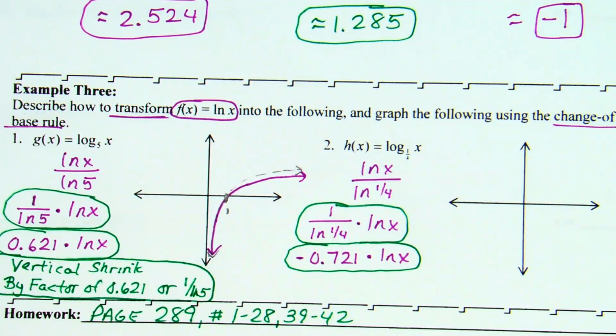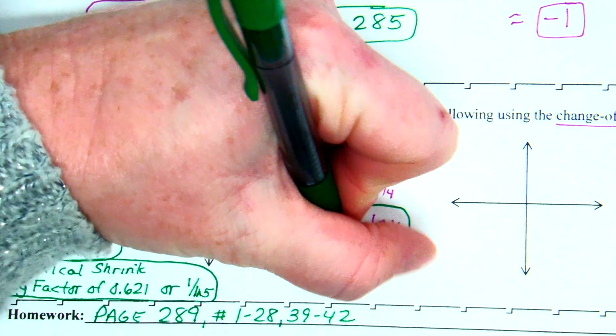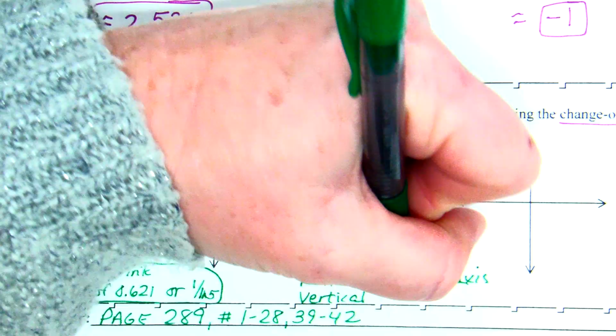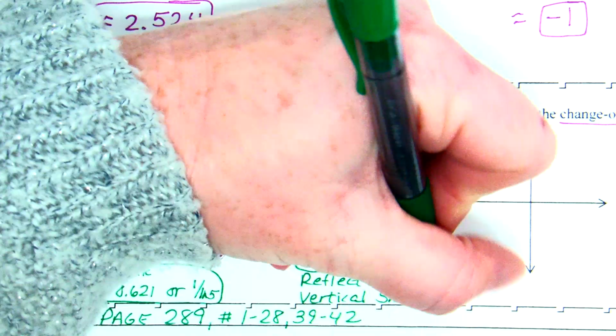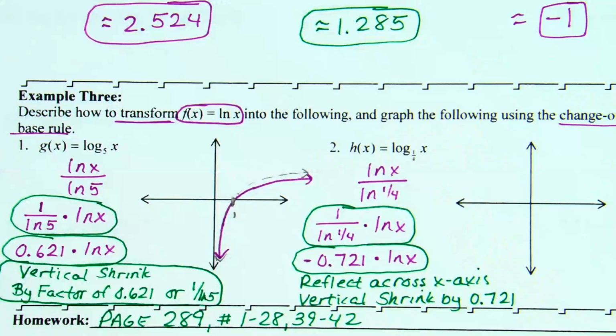Okay, this is going to be a reflection across the x-axis. Okay, so I'm going to write that out here. Reflect across x-axis and vertical shrink by, probably easiest to say here is the 0.721. Because if you say 1 over the natural log of 1/4, that puts the negative in there.